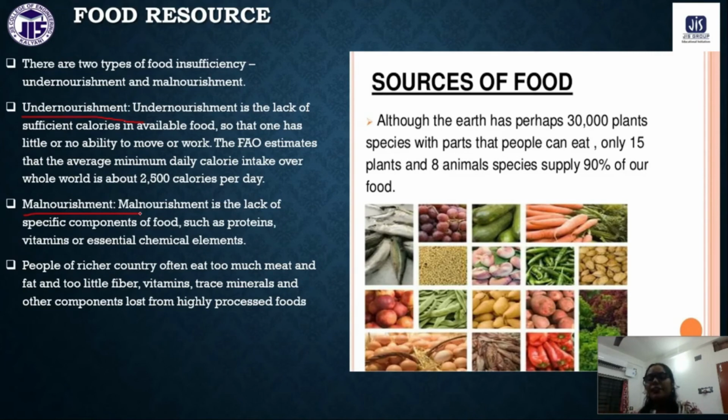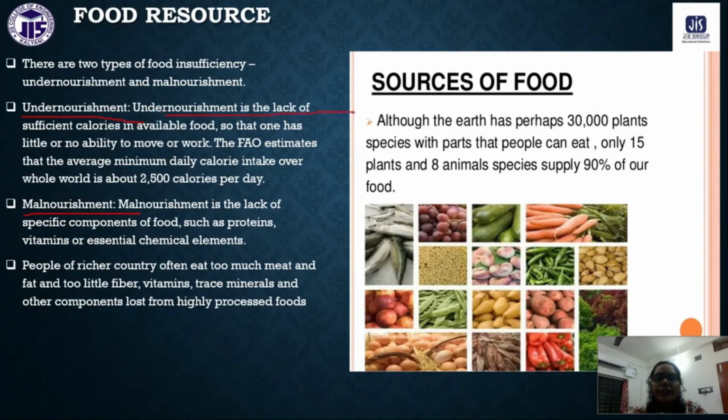So malnourishment can be the case when we are taking so much food, but not in a balanced manner. Okay, so what are the differences between undernourishment and malnourishment? You can have this type of question in your exam.